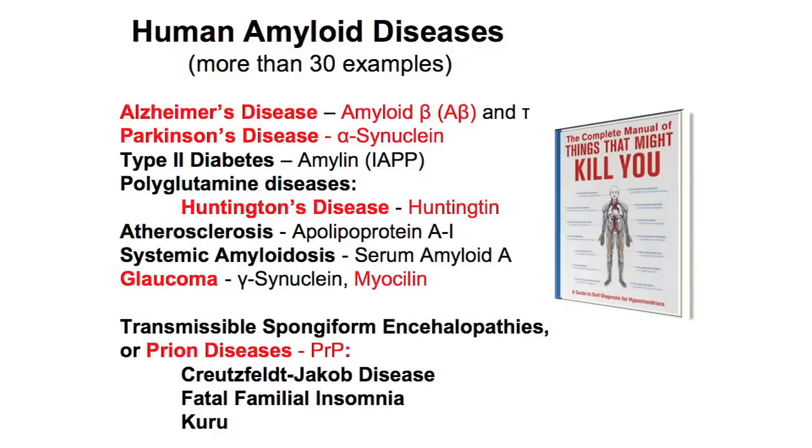The examples shown in red here will be mentioned either in my talk or later today, and you can see some very familiar names here, like Alzheimer's disease, Parkinson's disease, Huntington's disease, prion diseases, or transmissible spongiform encephalopathies, or glaucoma. So those diseases will be mentioned later today by me or by other speakers.